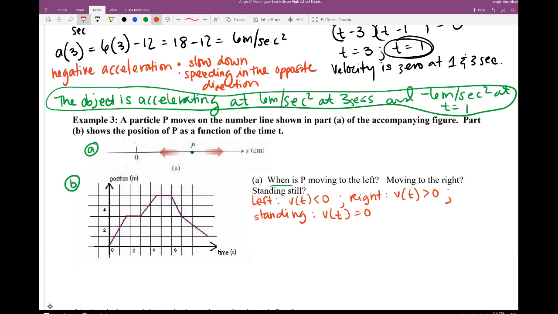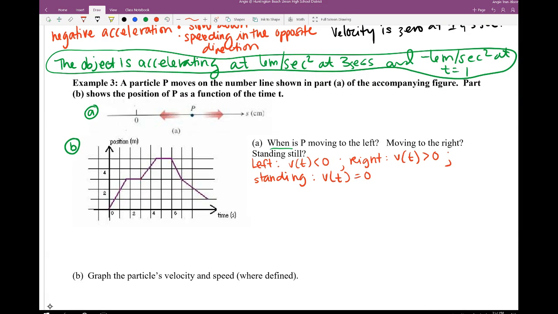So let's look at our position, because if I take the derivative of it, then I would have all of the answers. This is s of t because it says position. So let's look at the derivative. It looks like the issues are that we have some funky looking things right there, and right there, and right there, and right there, and right there. Would you agree? All of those spots are weird things that we have to look out for.